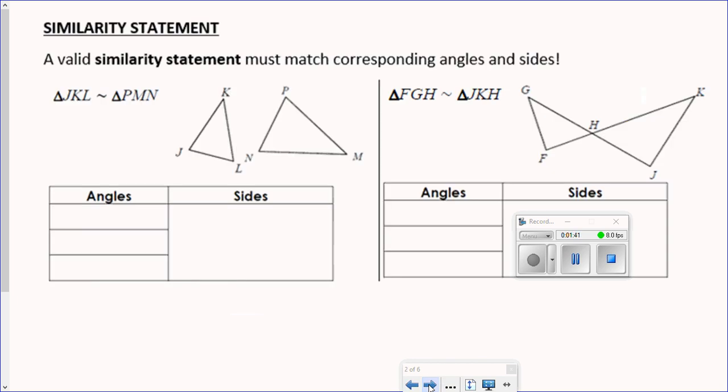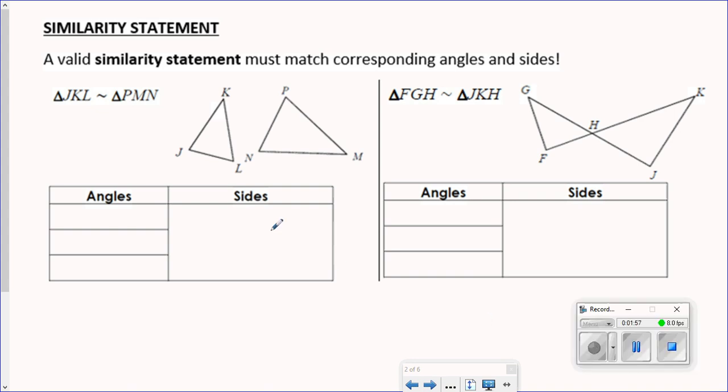So there are similarity statements, which are like congruency statements. The order is important. A valid similarity statement must match the corresponding angles and sides together. So again, like congruency statements, angle J is going to match up with angle P, and remember the corresponding angles are congruent. So we write this out.